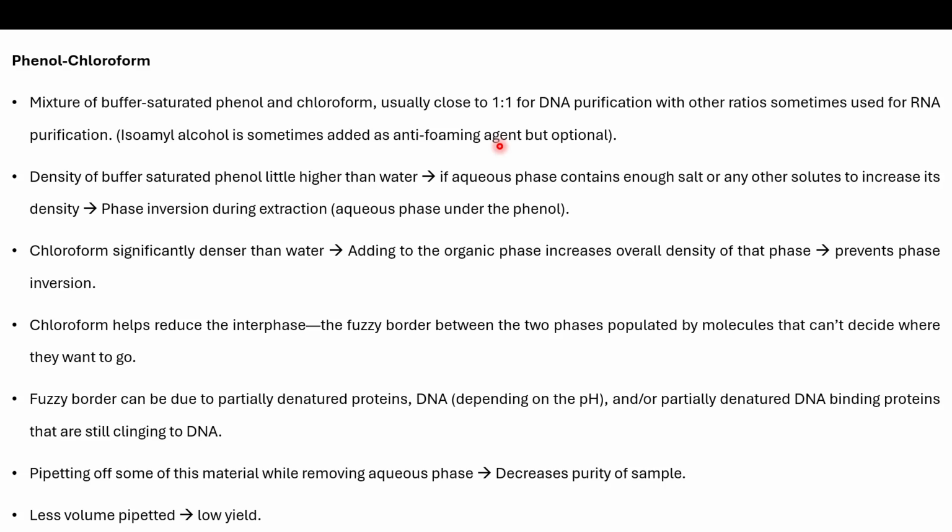In that case, you are taking out less volume of aqueous phase, so it will lead to a lower yield of your DNA. So there will be a compromise on the yield. Now if you are taking more than what is required and you are touching the pipette tip to the other layers, then it will decrease the purity of the sample.